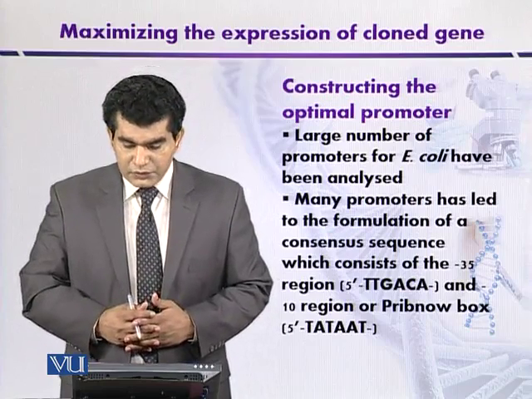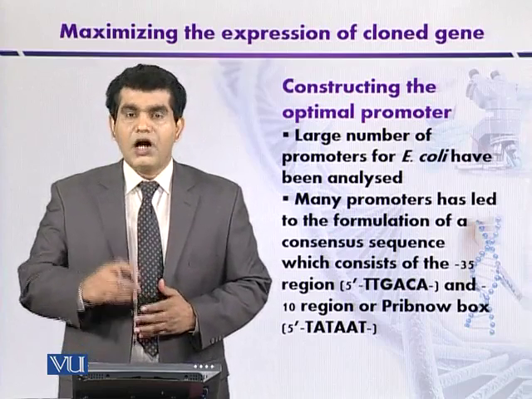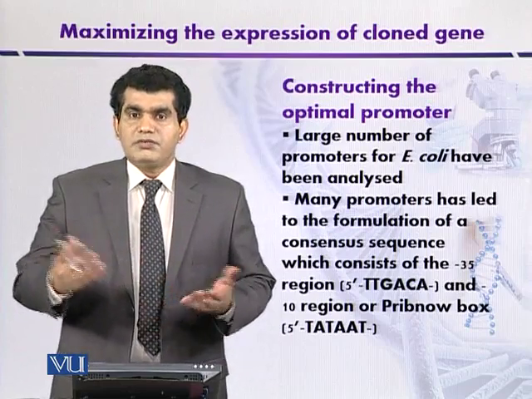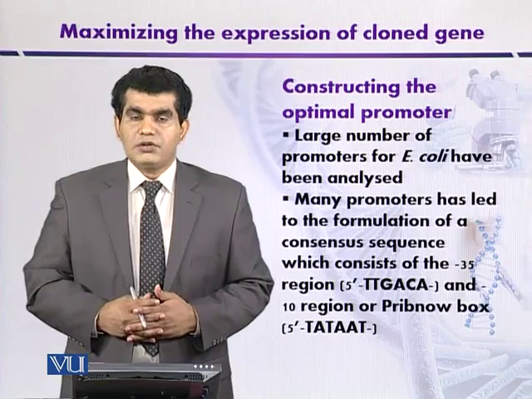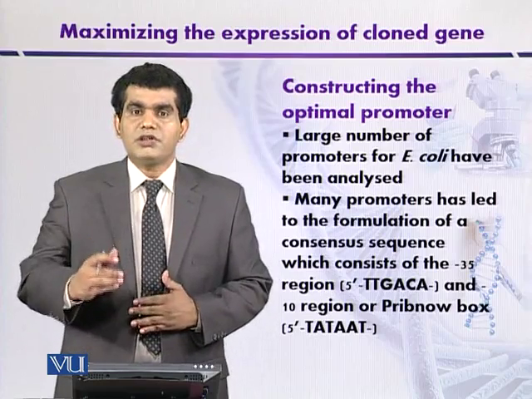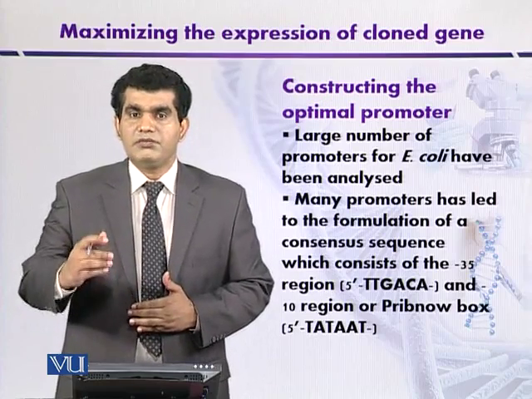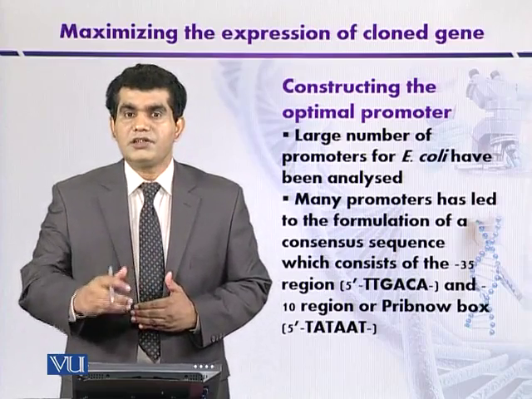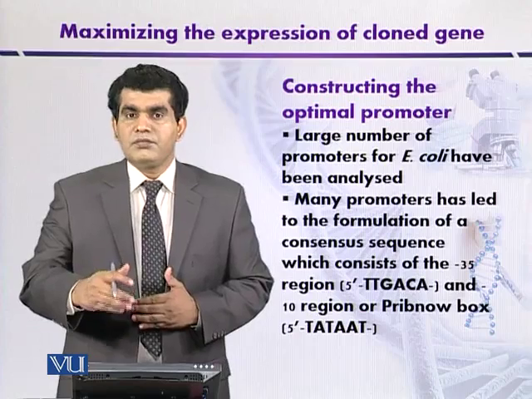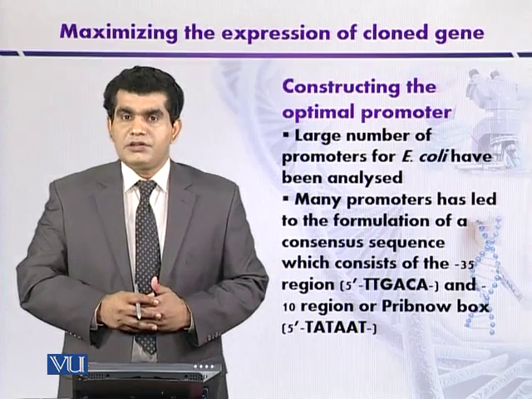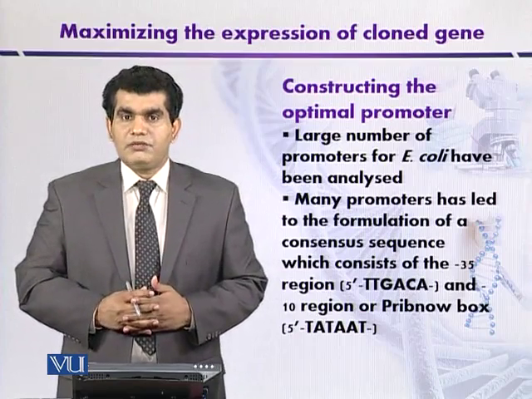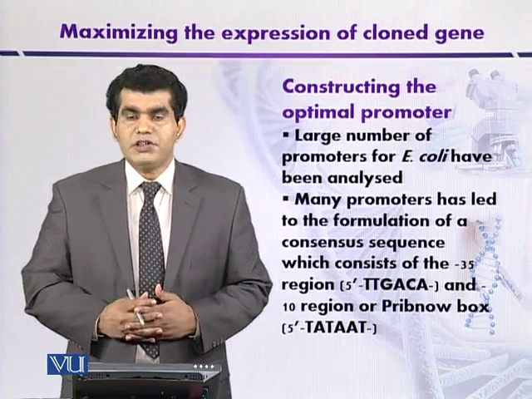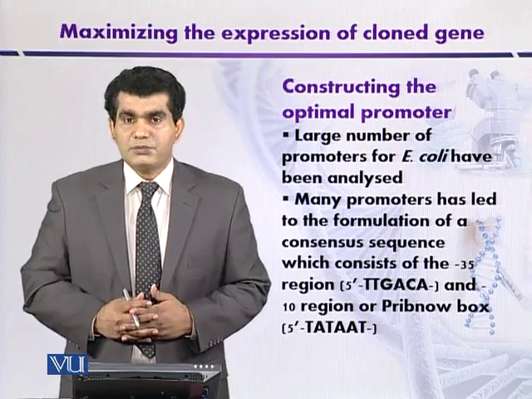And first we will focus on constructing the optimal promoter, because the expression of every gene is under the control of a promoter. So the promoter, if you remember, is a site where RNA polymerase can bind and start the initiation of a target DNA so that it will be transcribed into messenger RNA and then finally protein is expressed.